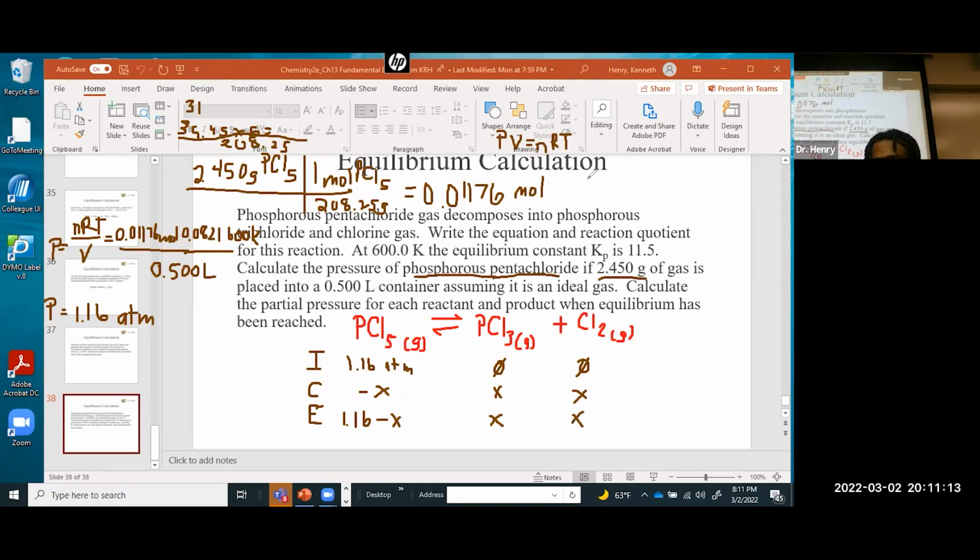Okay. So then our equilibrium expression is going to be Kp equals PCl3 times Cl2, that's really a P, divided by PCl5.